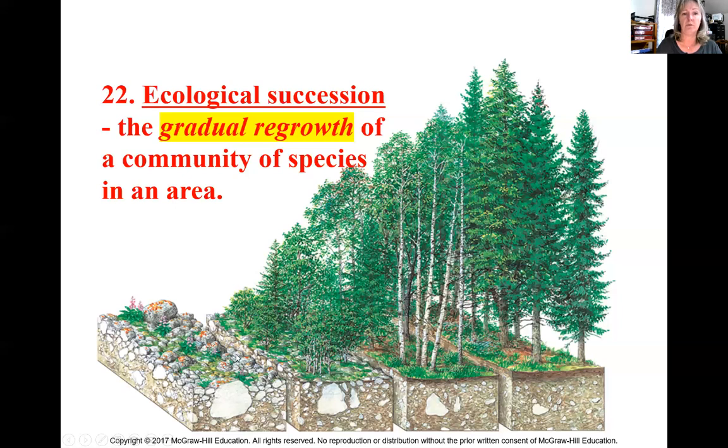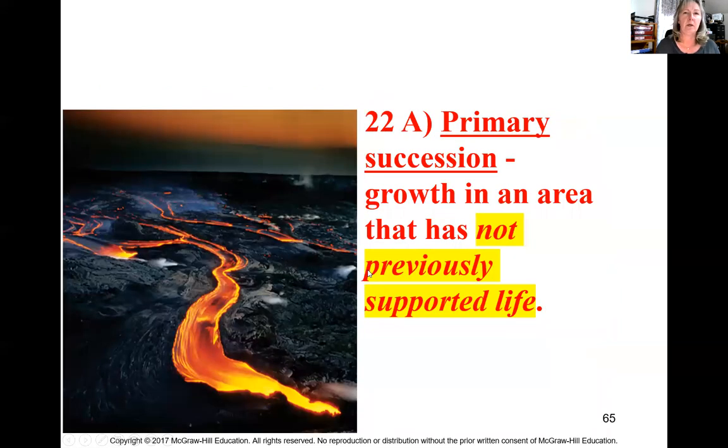And then as it gets old, you've got maybe more nesting birds. So not only the land and the plants change, but also the animal populations change over time. So that's what ecological succession is.